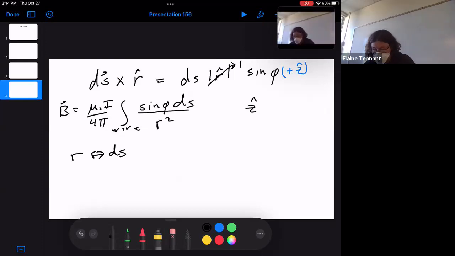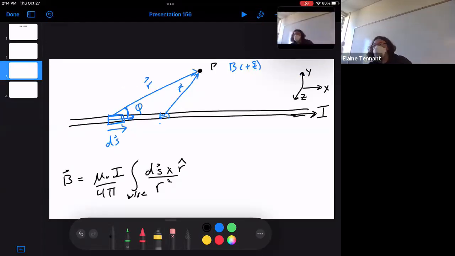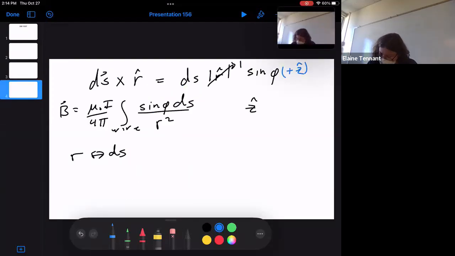Okay, what about the angle phi? As I go along here, phi is the angle between ds and r. Is it going to change? Yeah, okay, so we're also going to have to relate phi and ds. So let's start figuring this out.